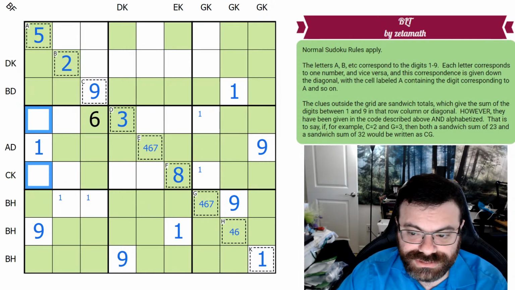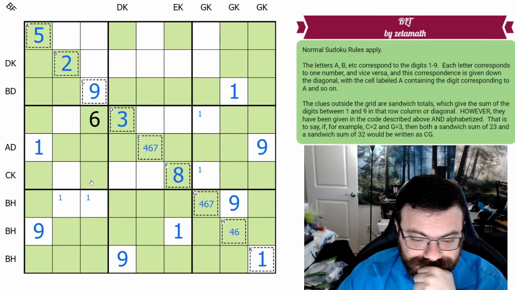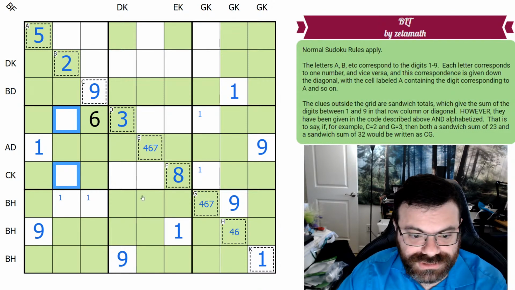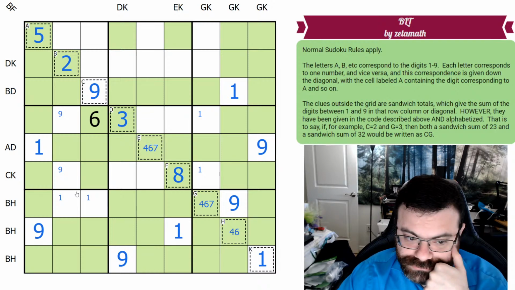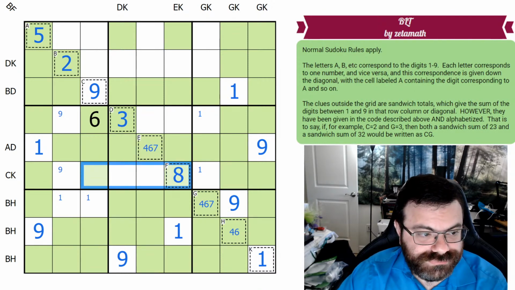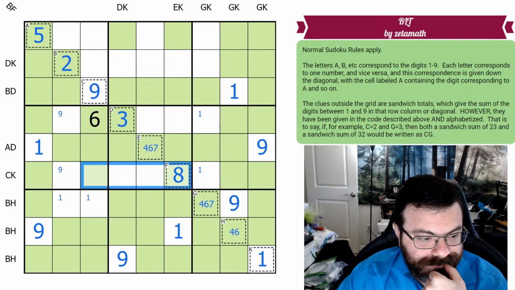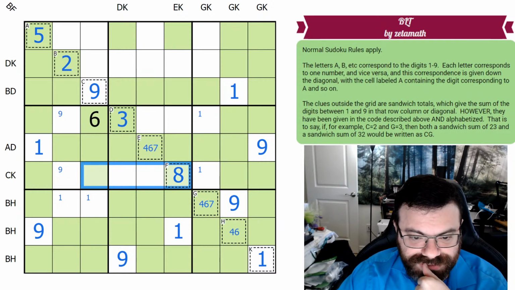You can green the rest of this. So 9 in one of these two. CK is 19. 2, 3, 6, 8 or 2, 4, 5, 8.